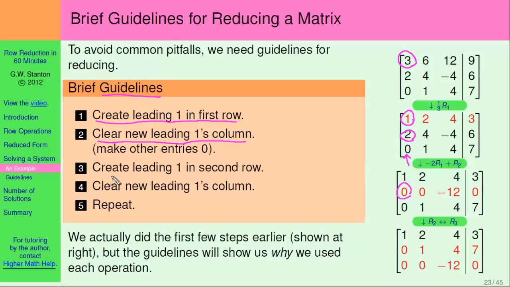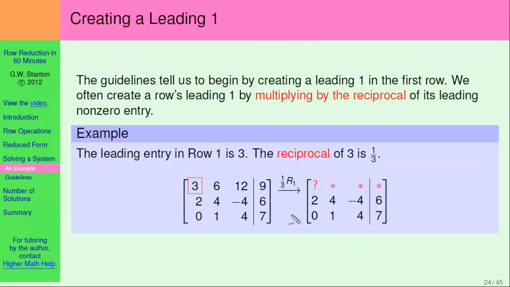And then after that, we essentially repeat the process. So we'll create a leading one in the second row, and then we'll clear that leading one's column. Let's see how to accomplish our first goal of creating a leading one in the first row.